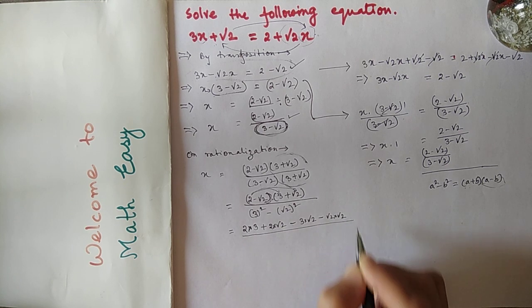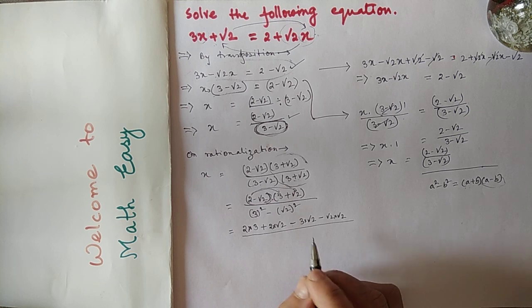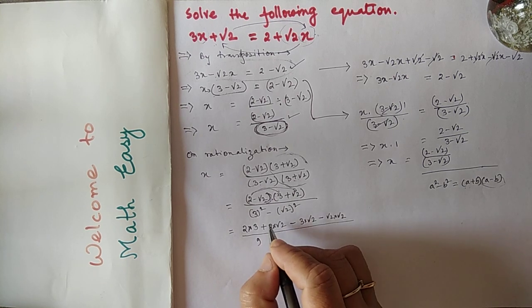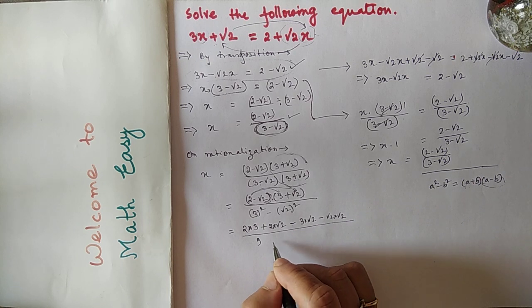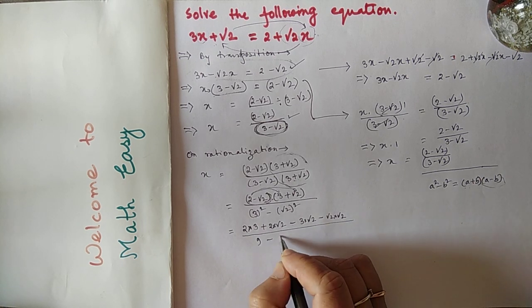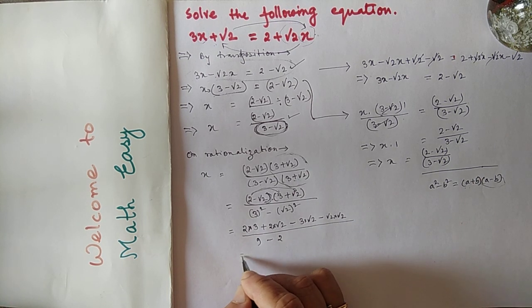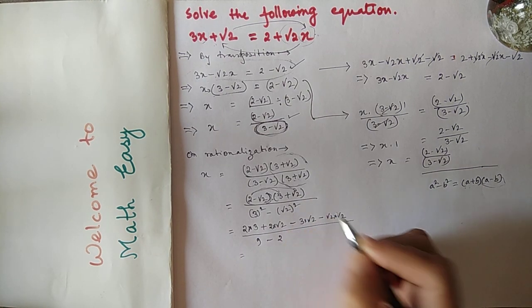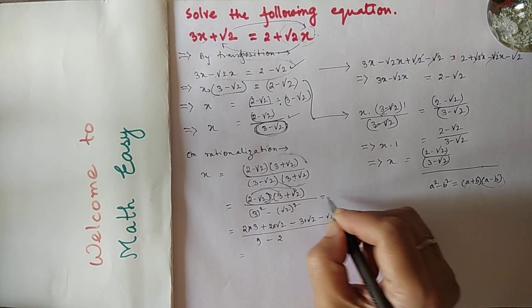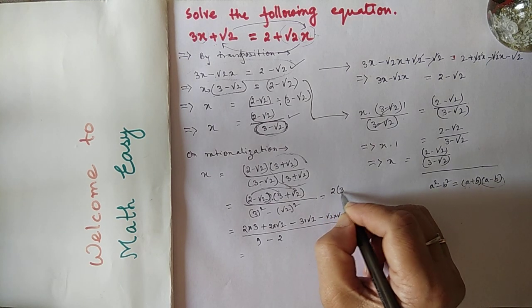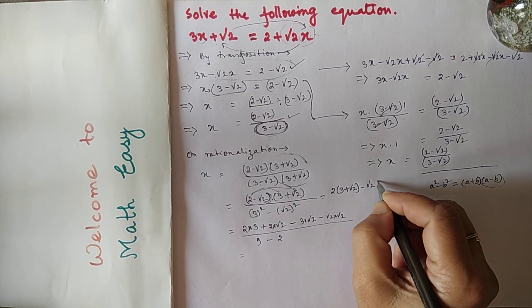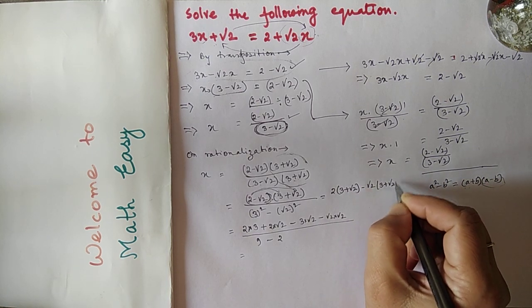Divided by 9 minus root 2 whole square means 2. Here one step you can take 2, 3 plus root 2 minus root 2, one step.